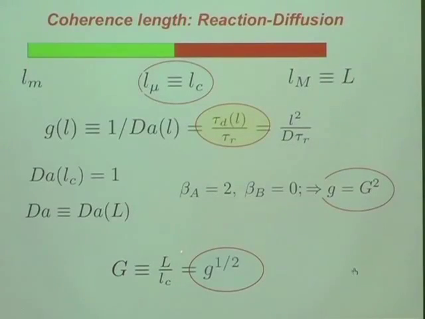Which means that the gap, the ratio of the macroscopic scale to the coherence length, goes like the square root of G, which is exactly what we were showing yesterday. So in a diffusion reaction process, the coherence length is just the geometric mean between the microscopic length and the macroscopic length.